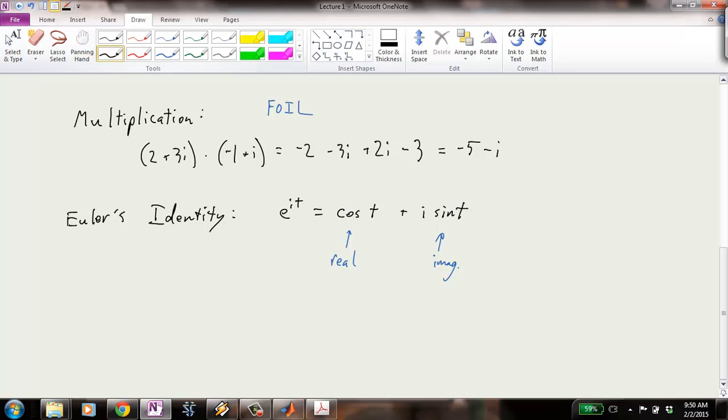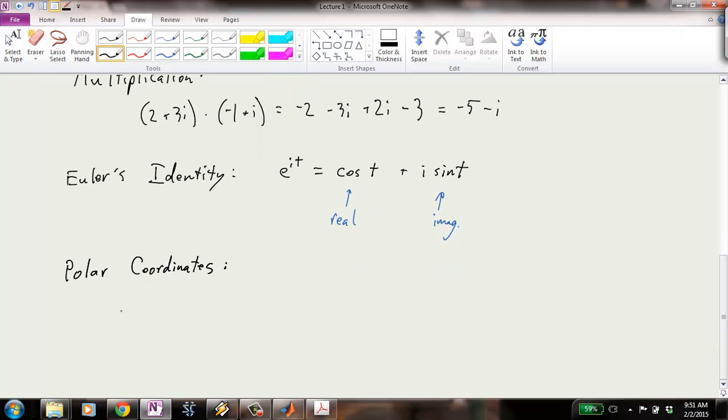That's the last thing I'm going to do: let's say what polar coordinates are for complex numbers. Any complex number can be written as a e to the i theta, where a is a positive number.